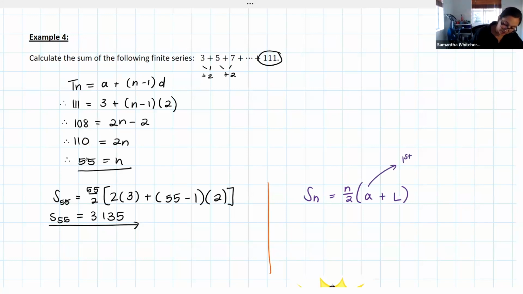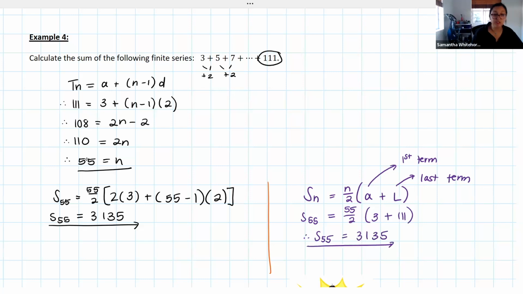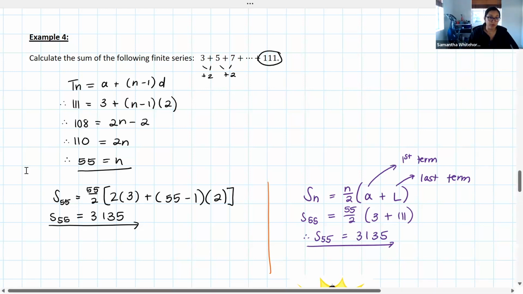So first term, last term, and then you sub in. So the sum of 55 terms is equal to 55 over 2, times 3 plus 111, which still gives you 3,135. So it is a much easier formula, and that's why I'm saying absolutely use it if you can memorize it, but you don't have to. It's completely up to you, whatever works best.